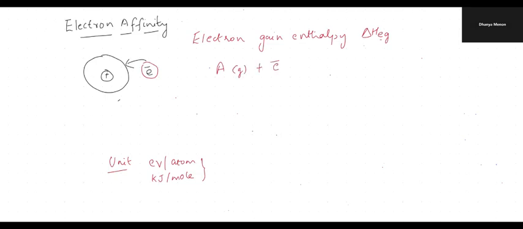It attracts an electron and forms an anion, because there is a negative charge, a negative ion, and 8 eV, electron volt, of energy is released. So this is the electron affinity. I am representing electron affinity by EA, so electron affinity is plus 8 electron volt.